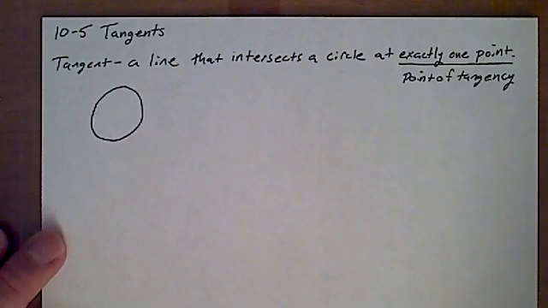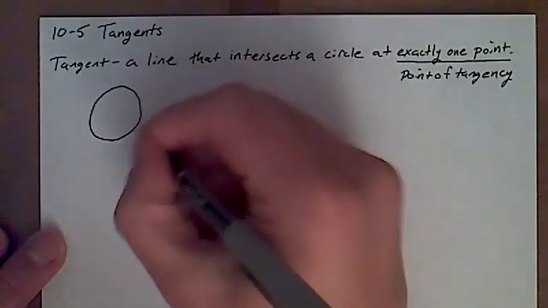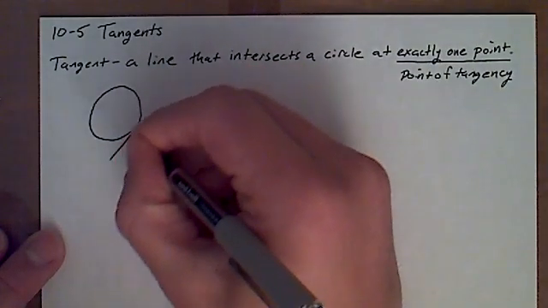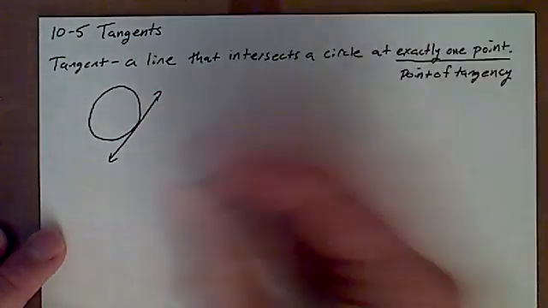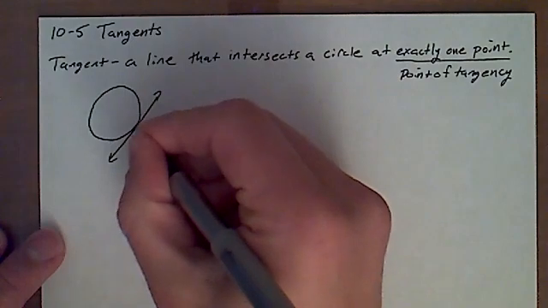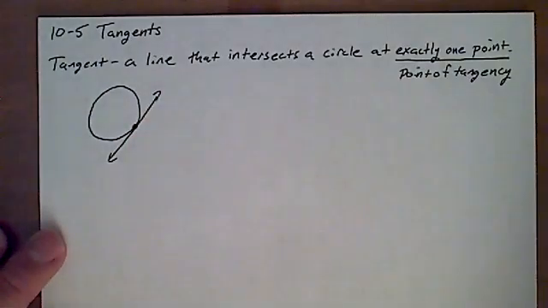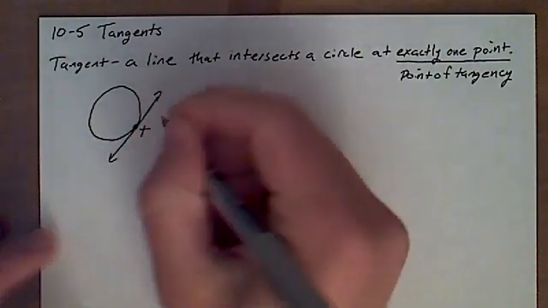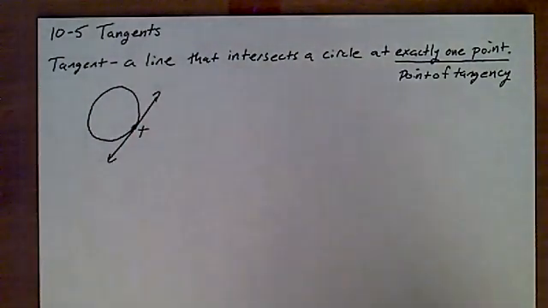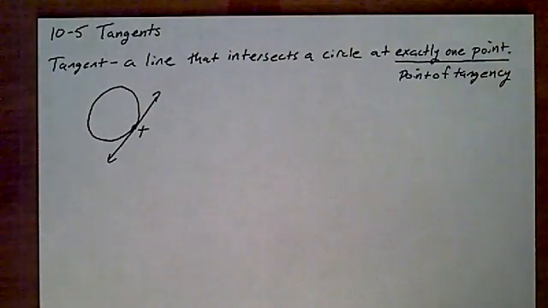If we have a circle, a tangent is a line that's intersecting the circle at exactly one point right there. And we might call that point T, and point T is the point of tangency.